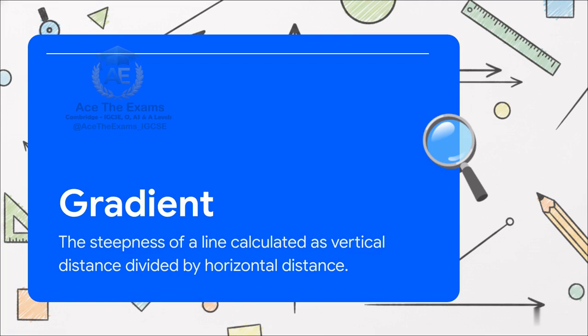Let's actually test this out with a slightly different second point just to make the math super clean. Let's use 1, 3 and 5, 7. Our vertical shift, the change in y, is 7 minus 3, which is 4. Our horizontal shift, the change in x, is 5 minus 1, which is also 4. Divide the vertical by the horizontal, 4 divided by 4, and we get a gradient of exactly 1. It's a perfect, steady incline.